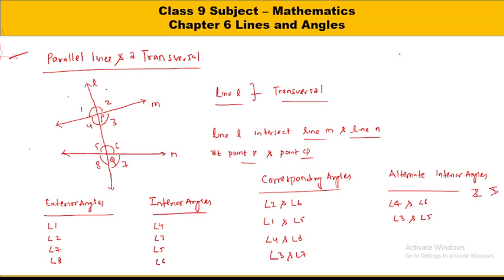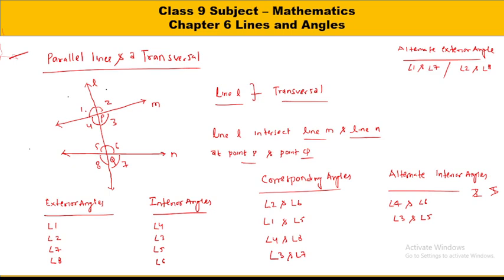Now on the same basis, we are having a pair of angles we call alternate exterior angles. In alternate exterior angles, we are having angle 1 and angle 7, then angle 2 and angle 8 is also a pair of alternate exterior angles.